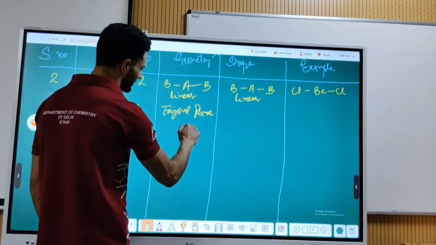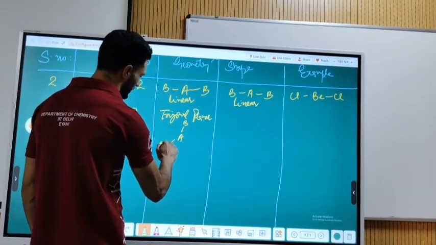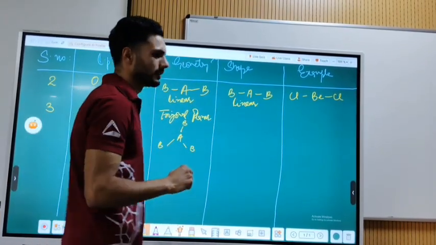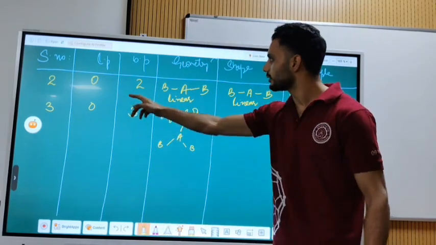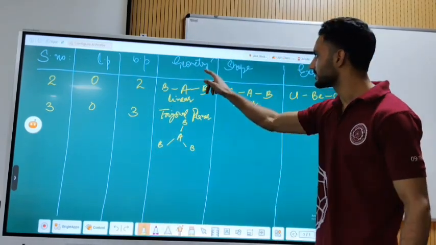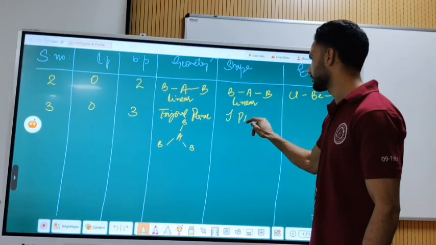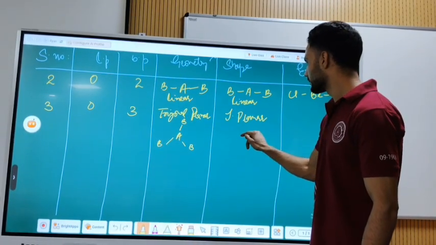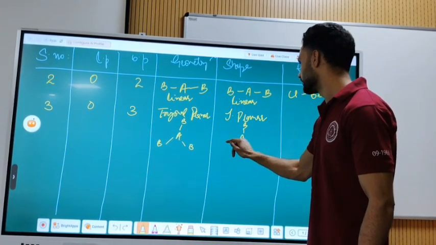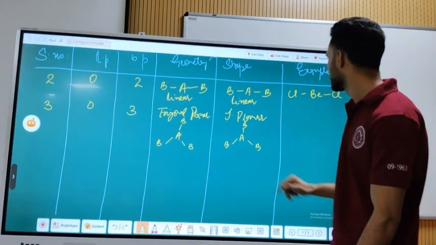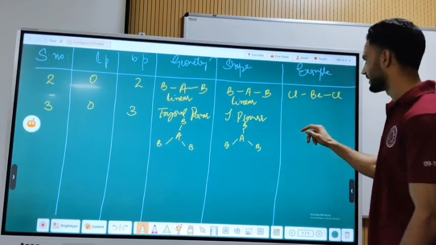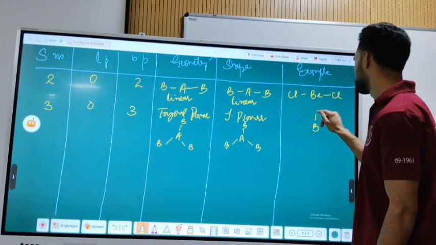Also we learned that when the number of lone pairs is 0, geometry is equal to shape. The shape will be the same, trigonal planar, like this: A, B, B, and B. For example, BF3.